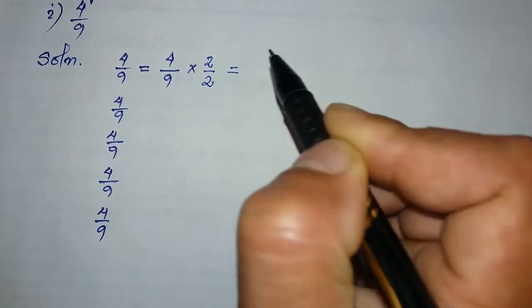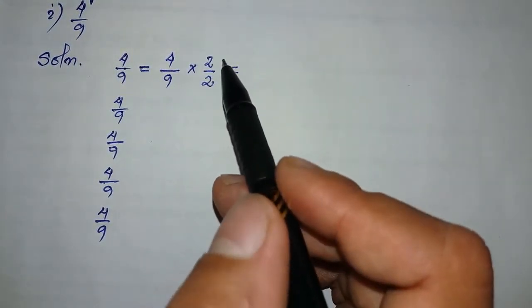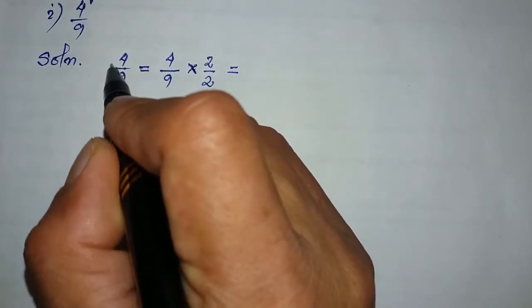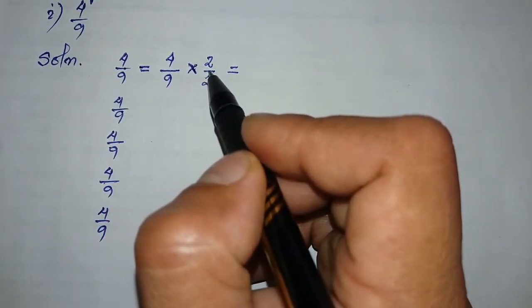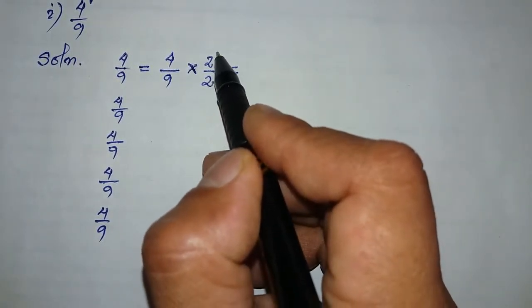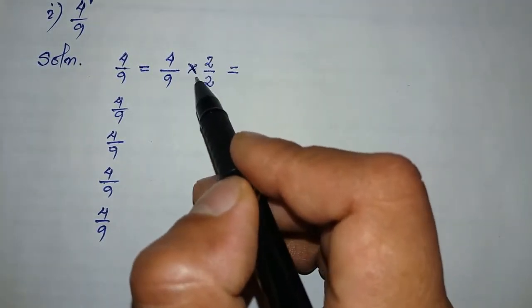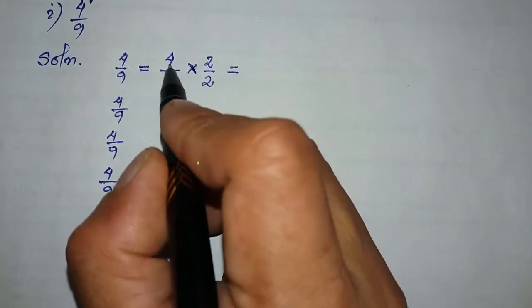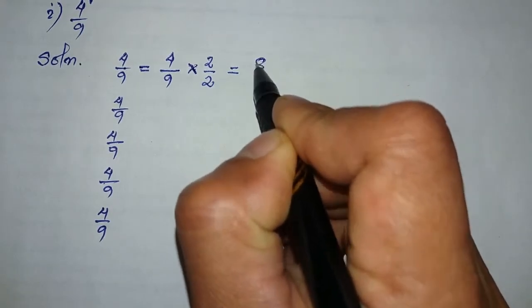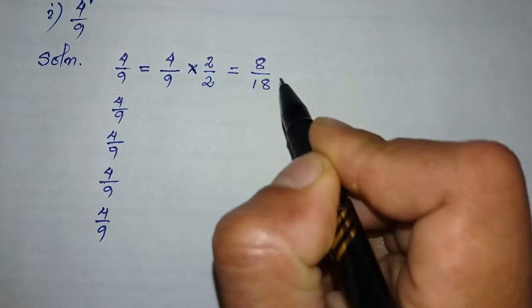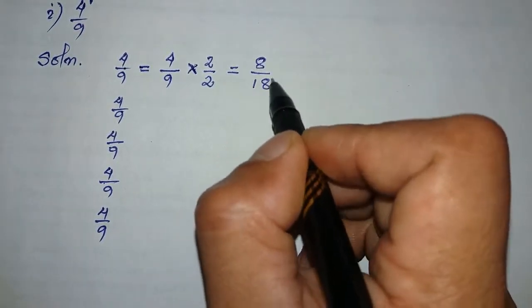Like I said before, even if we multiply with 2 by 2, this does not change the number. The number is just converted into another form, because 2 by 2 is 1, and 1 into 4 by 9 gives 4 by 9. Now 4 2s are 8, 9 2s are 18. This is one equivalent fraction.